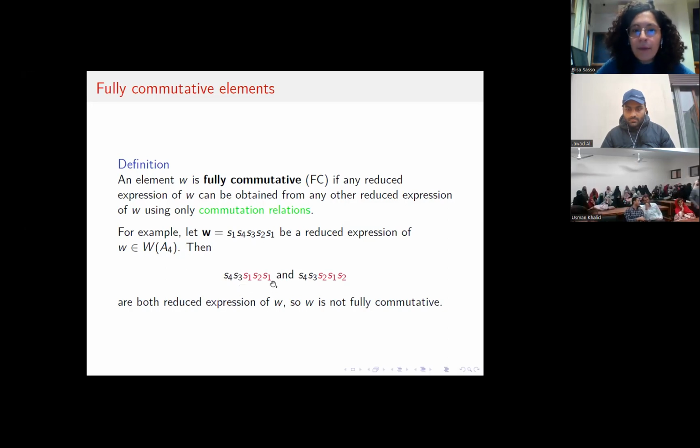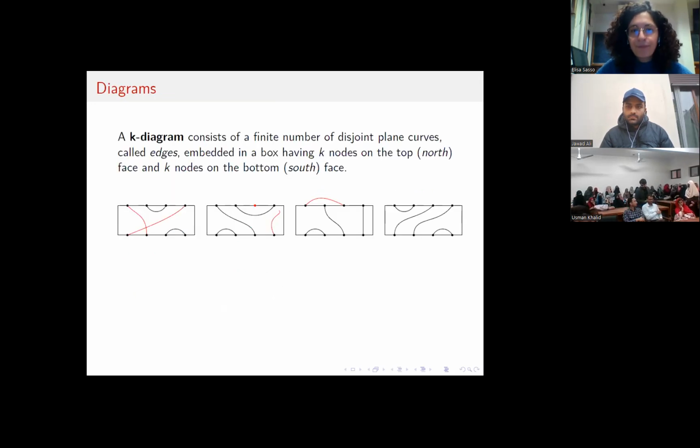But I can apply the braid relation on these three elements, S1, S2, S1, and they become S2, S1, S2, right? Since I could apply this braid relation, it tells me that this element is not fully commutative. When I am never able to do that, it means that we have a fully commutative element.